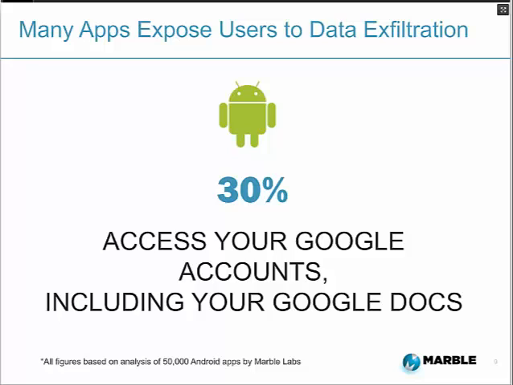It means they can copy the docs off of Google, do whatever they wish with them, send them out through email, send them up through HTTP links, etc. So if you're using Google for any type of document collaboration, be aware that 30% of all apps that we looked at in our scan are able to access that data.